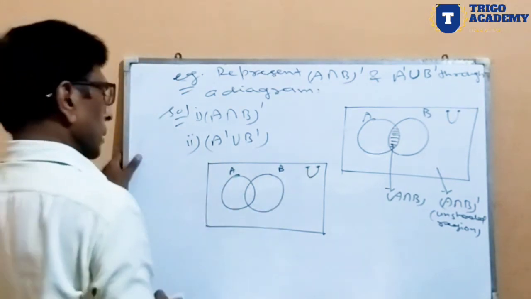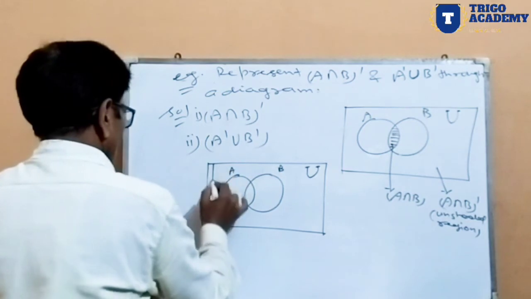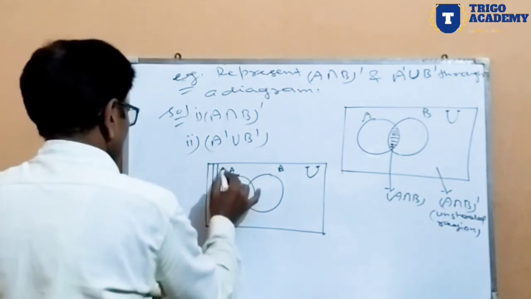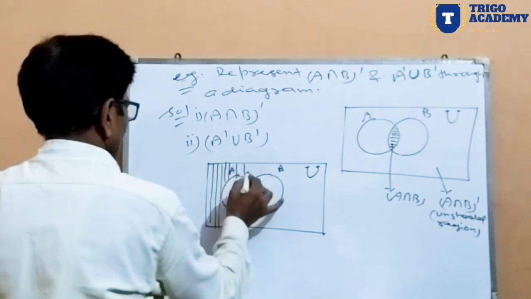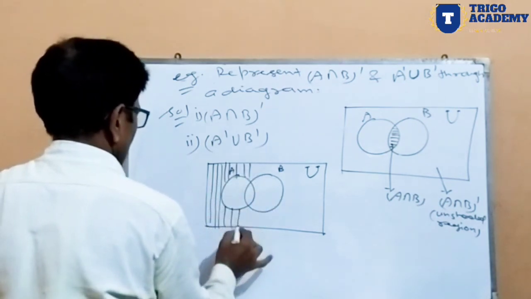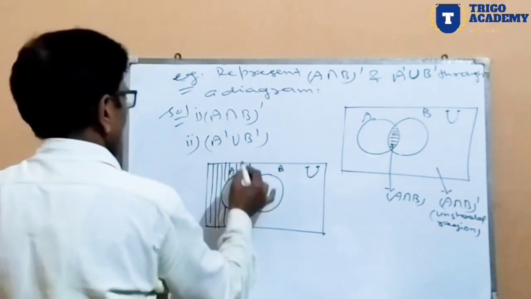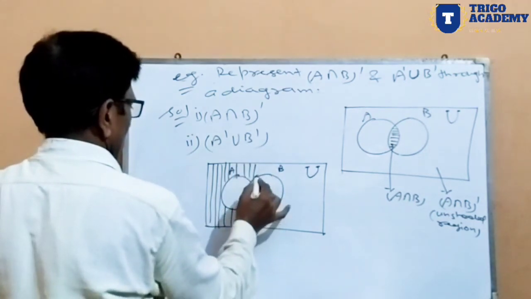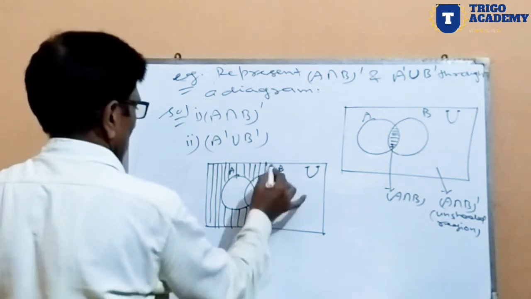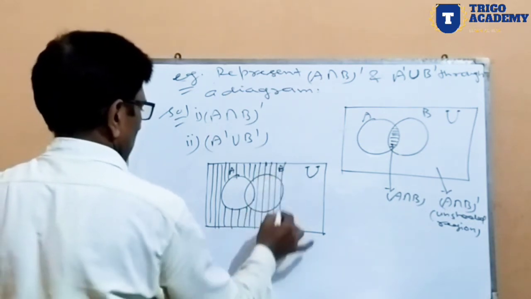Out of A. So out of A, these vertical lines represent A'.